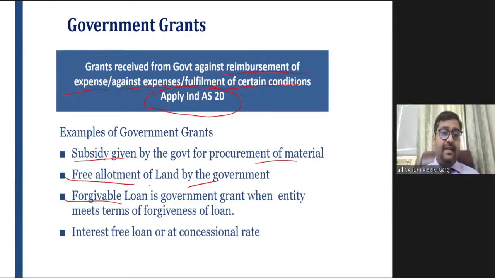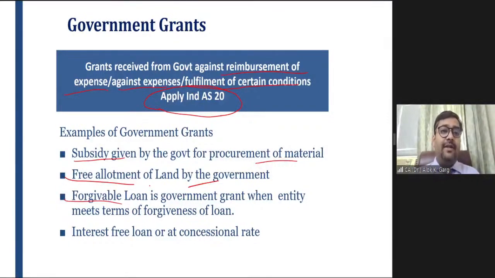So the standard says that if the government is providing a loan to an entity, and after compliance with certain conditions, the government will forgive the loan, then this loan will also be treated as a government grant. Interest-free loan or at a concessional rate.